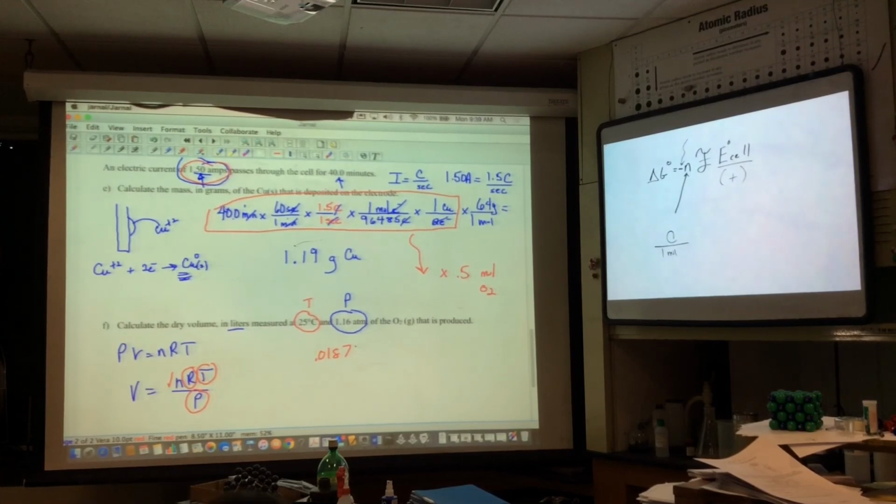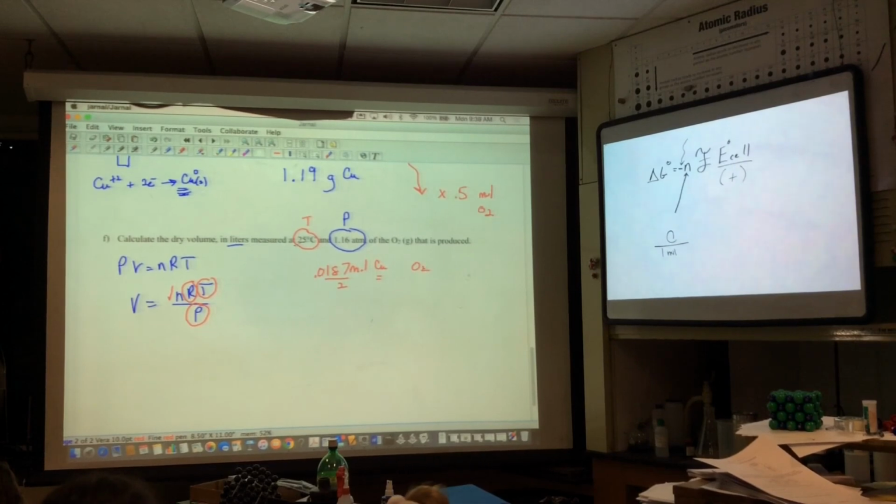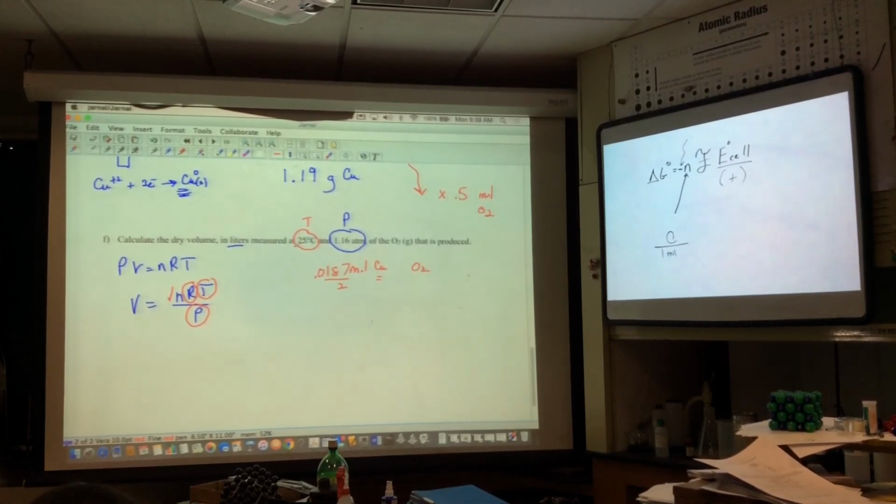So I'm going to take that and divide that by 2 to get O2. Everyone see what I'm doing here? Okay, cool. 0.0187 divide by 2. And so, setting this up, I get 0.00935 moles.